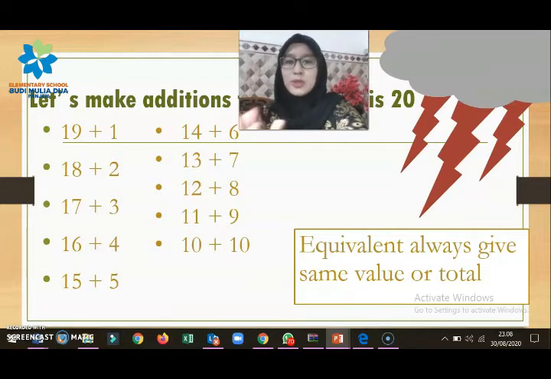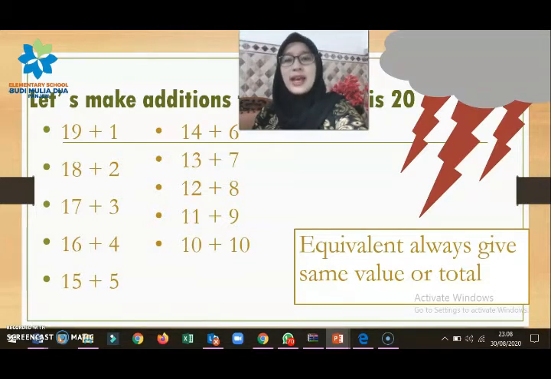Jadi semua bentuk penjumlahan yang ada di dalam layar itu hasilnya adalah 20. Betul ya? Okay. Nah, it means that all of the additions there has the equivalent total. Jadi mereka memiliki hasil yang sama, right?